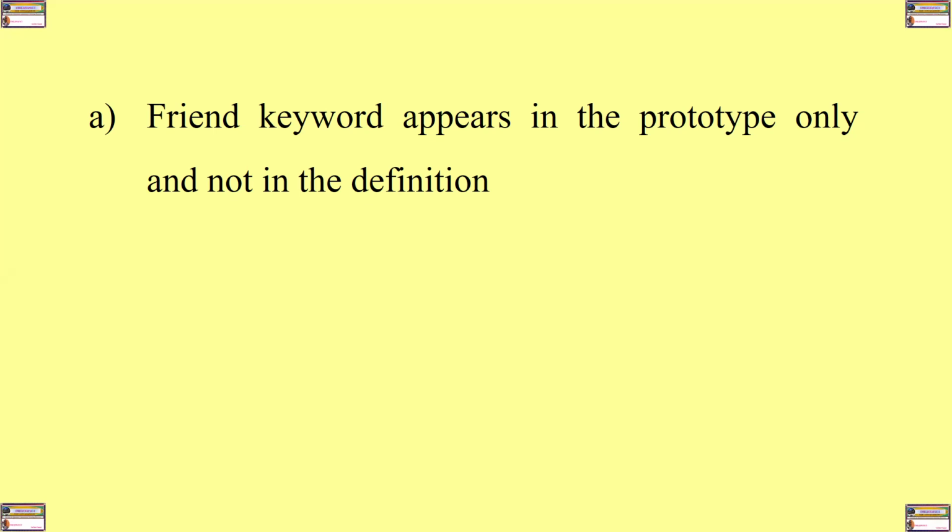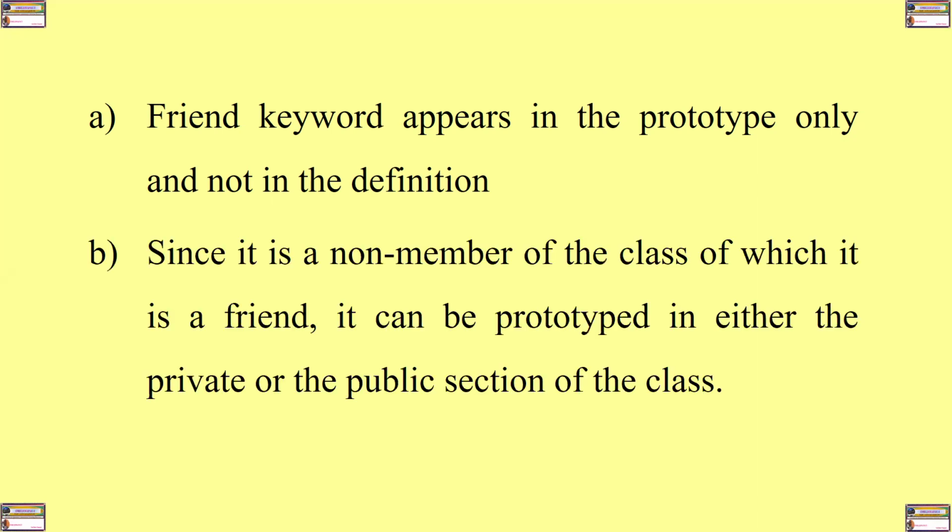So you prototype that class within the definition of the current class using the reserved word or the keyword friend. So you precede the name of that class that we're making a friend with the reserved word friend.